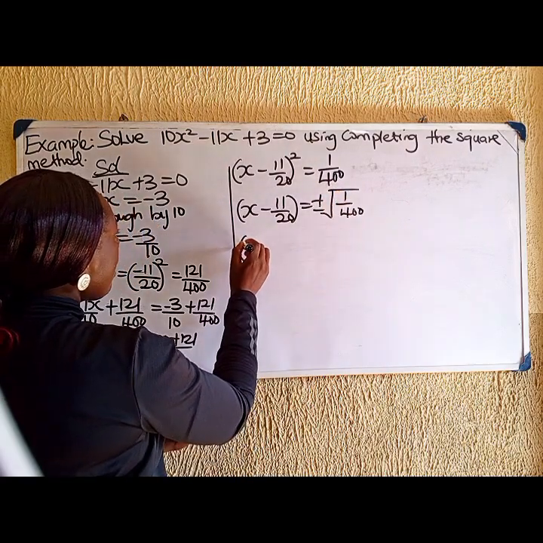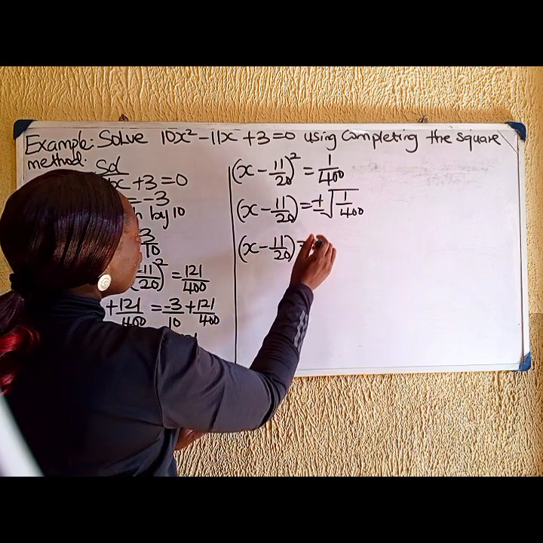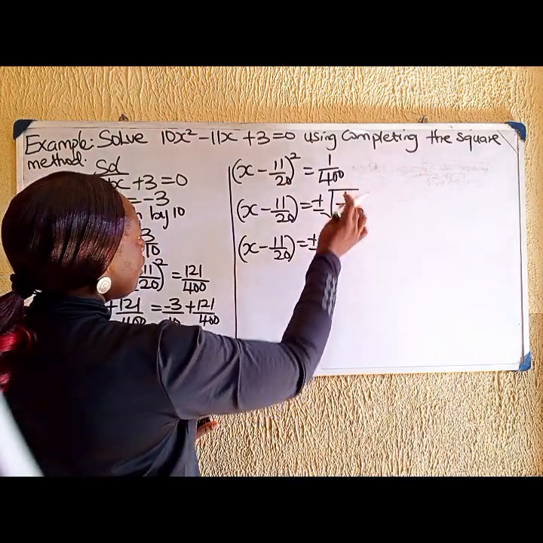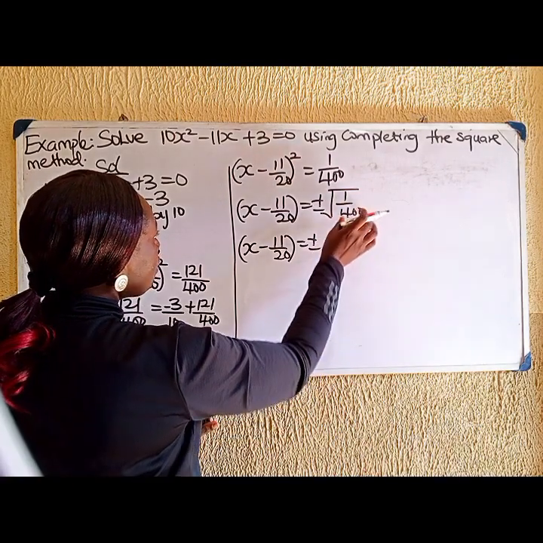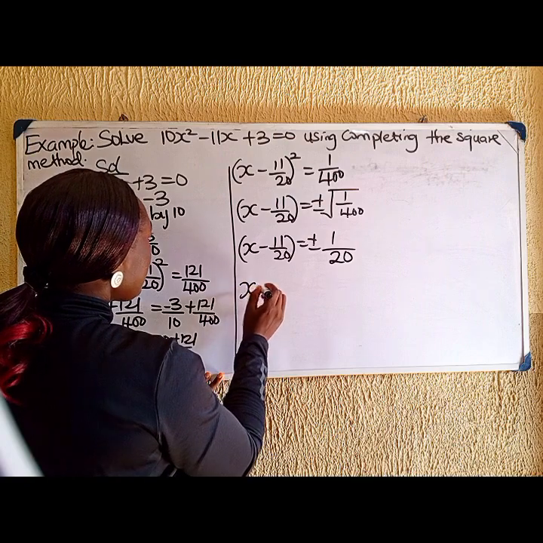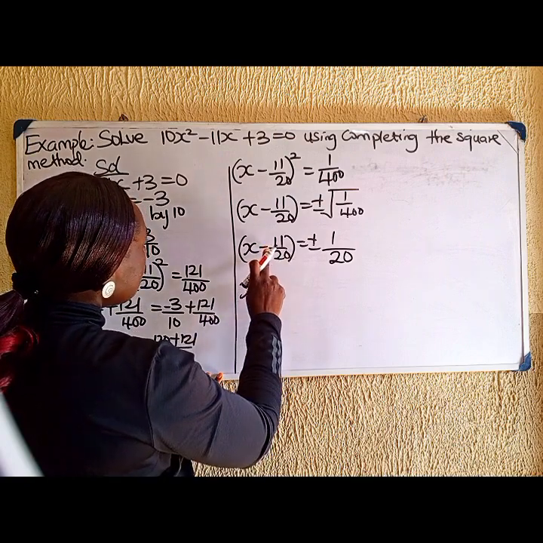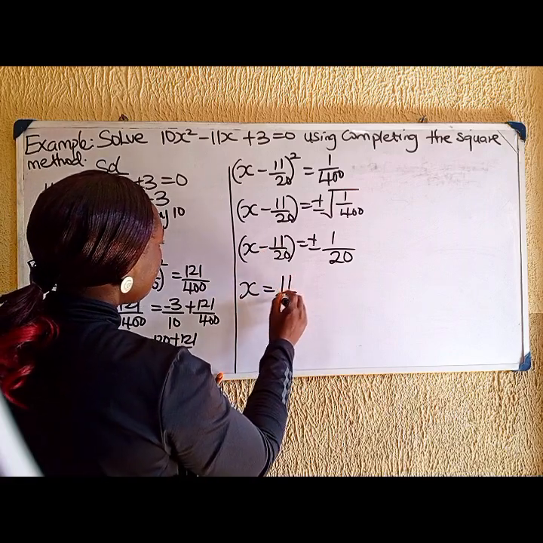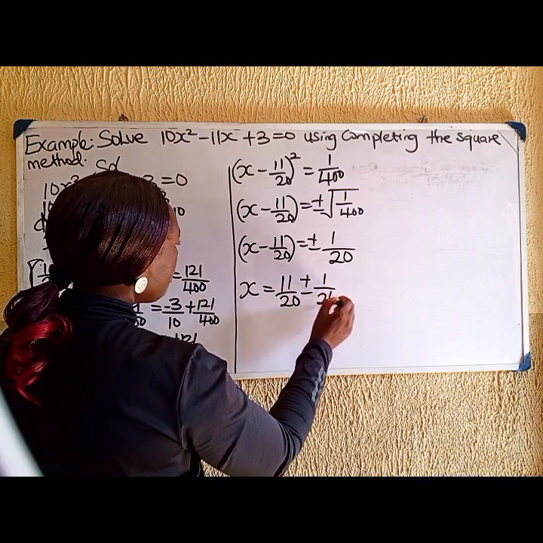You can find separate square roots: the square root of 1 is 1 and the square root of 400 is 20. So I have that x is equal to, this is minus 11, so when this crosses the equal sign, it becomes plus 11 over 20 plus or minus 1 over 20.